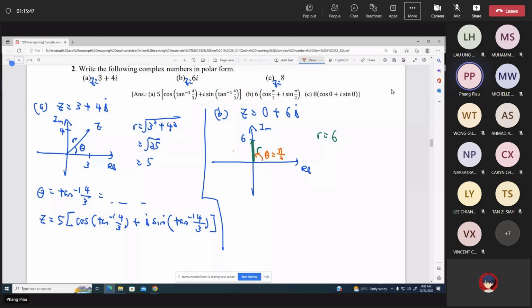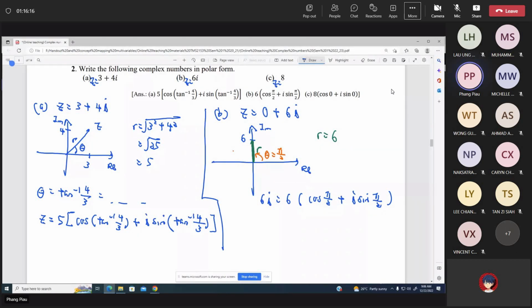So without using any calculation, with a diagram, you can write your 6i as 6 cos pi/2 plus i sine pi/2. You can put it this way. Is it okay?